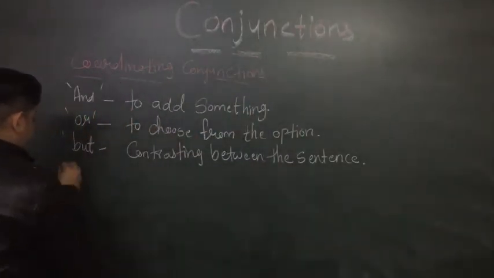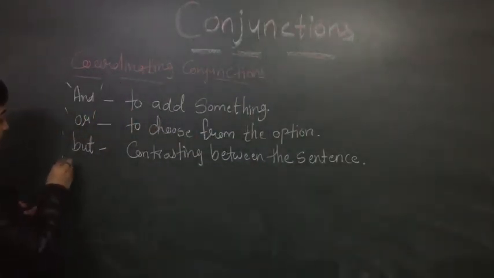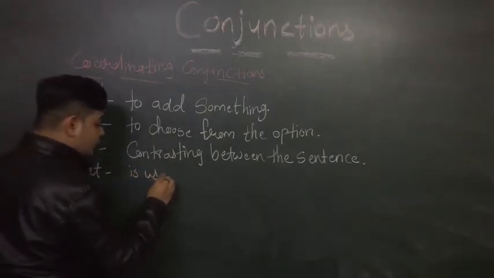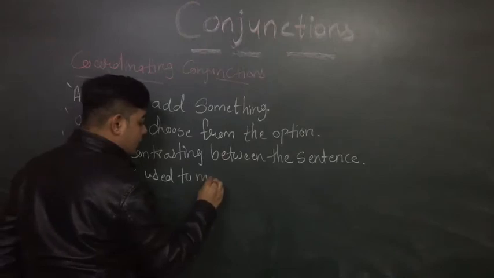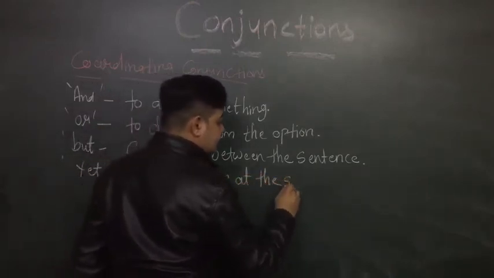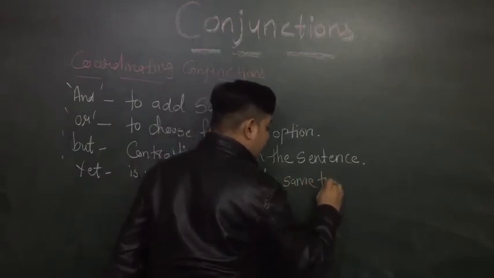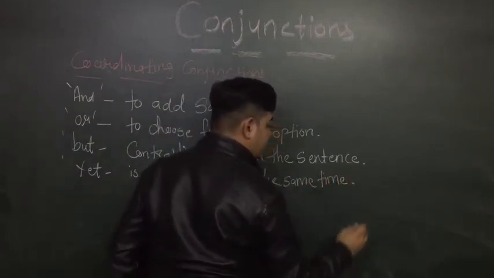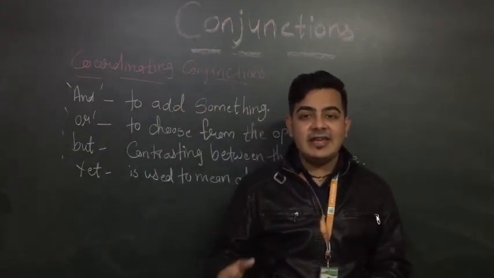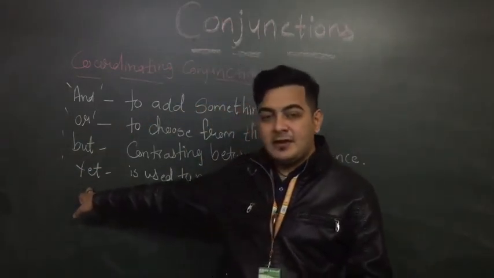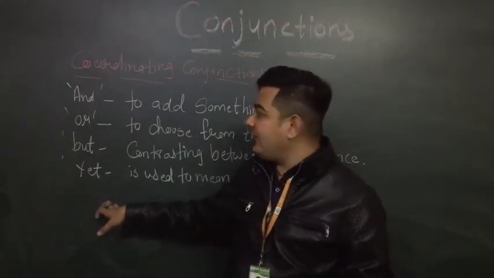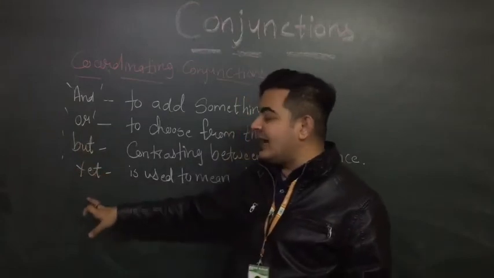Next we have yet, is used to mean at the same time. हम बोलते हैं ना अभी तक in हिंदी, that is our yet. Understood students? So this is the formation where we have to use and, or, but and yet.